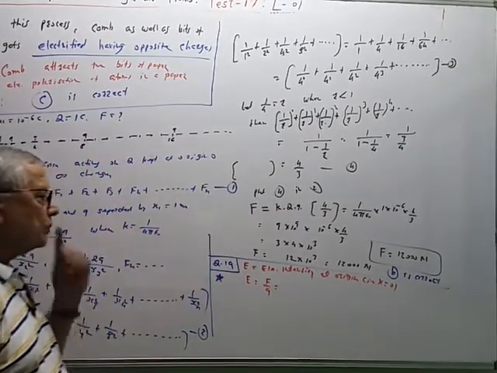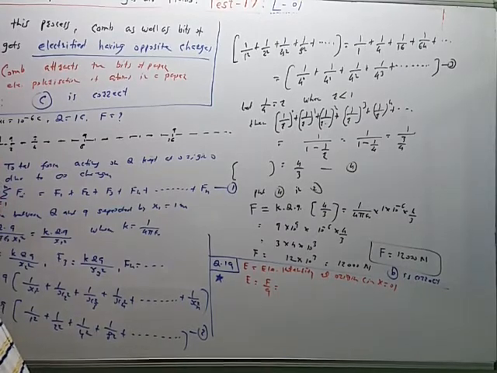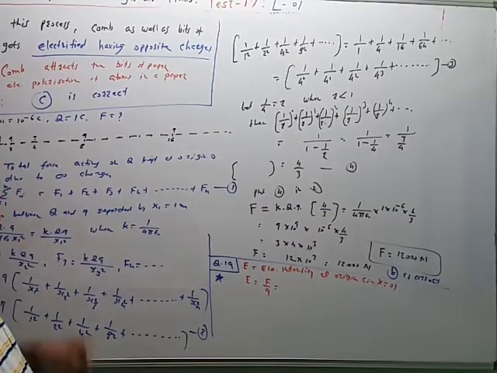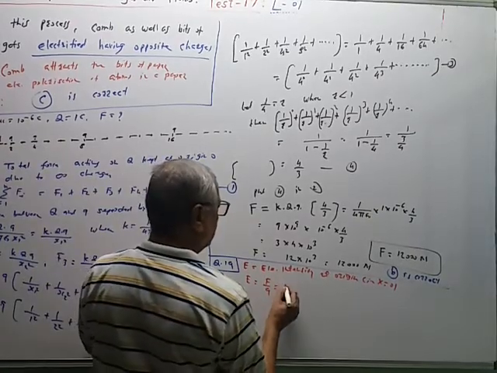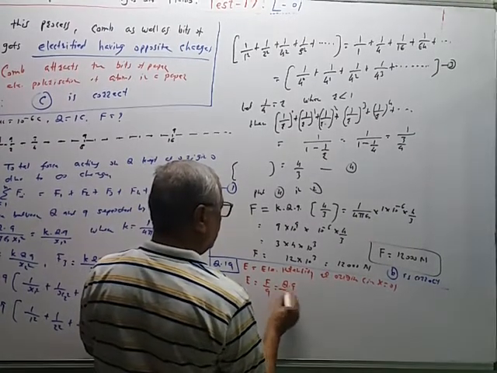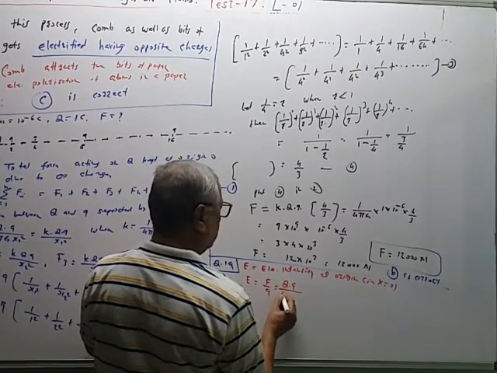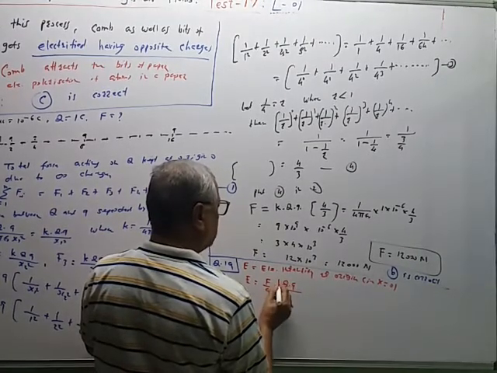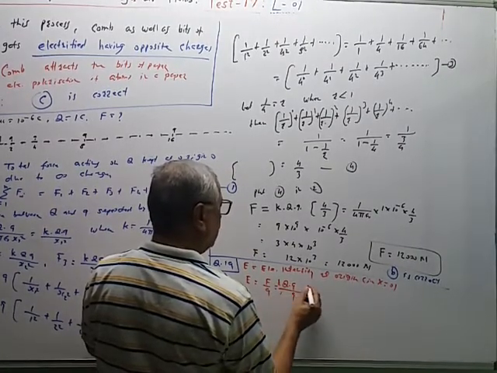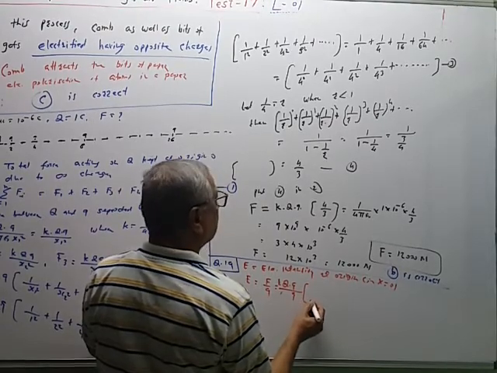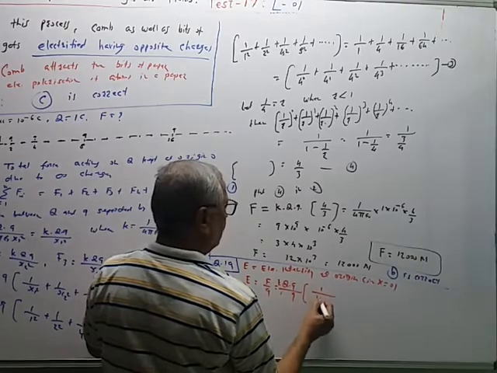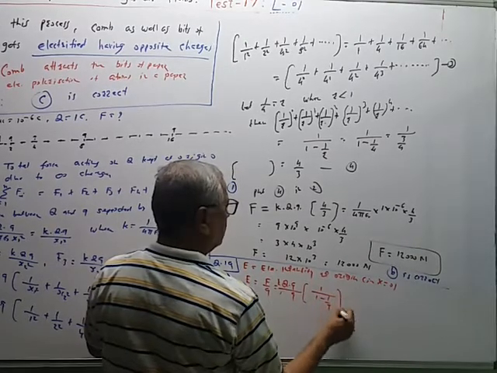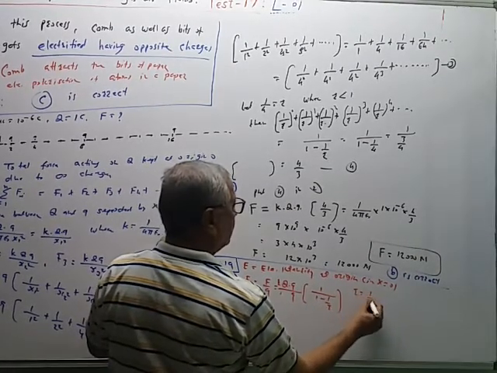We know the value of F. F is equal to Q into q upon 4 pi epsilon naught into the bracket 1 upon 1 minus 1 by r, where r is equal to 1 by 4.